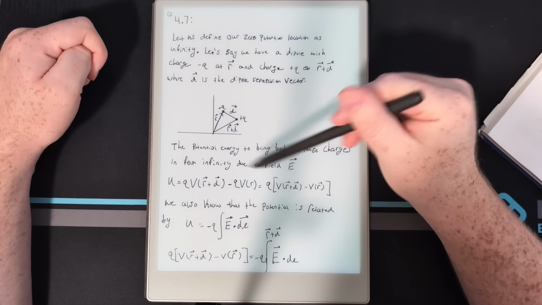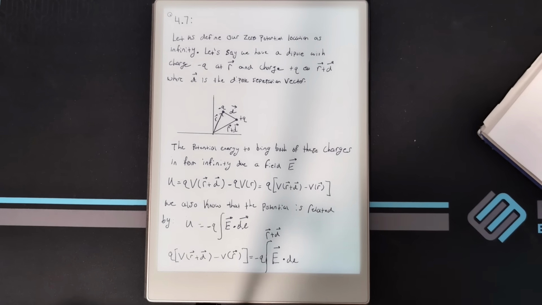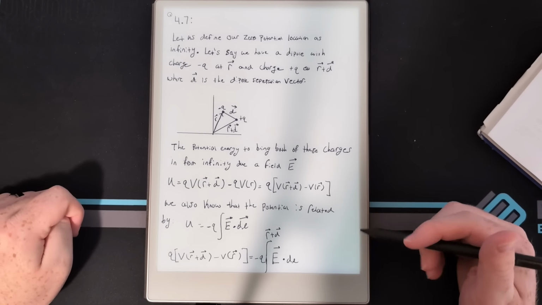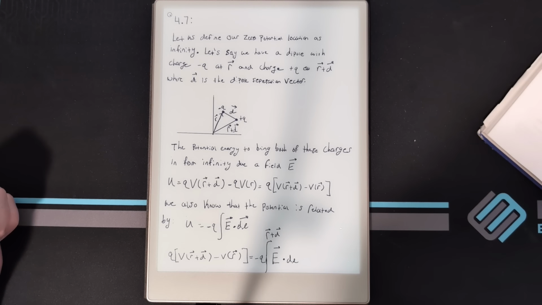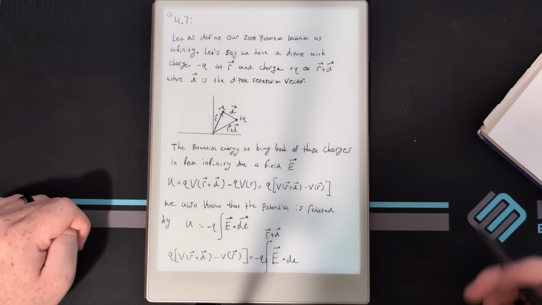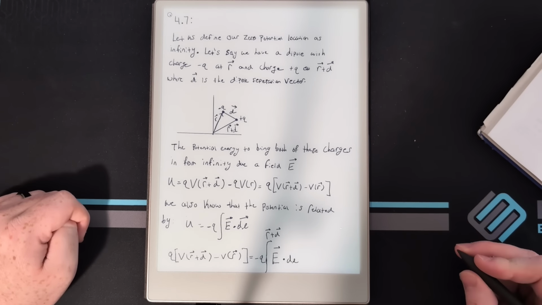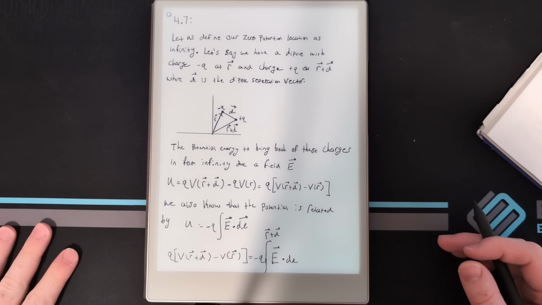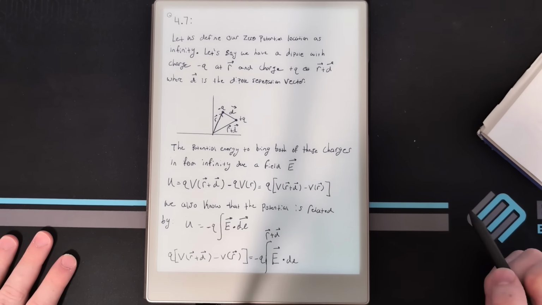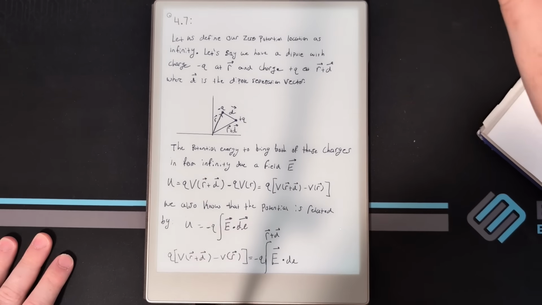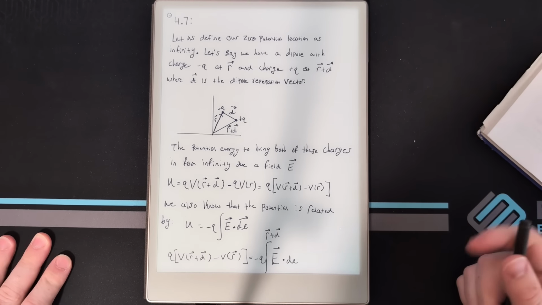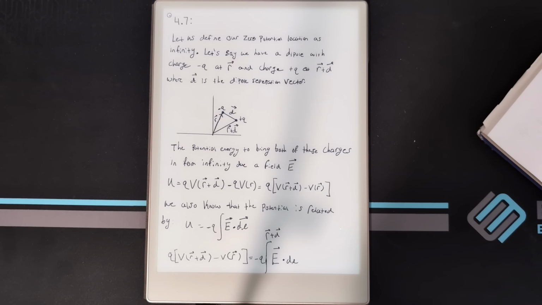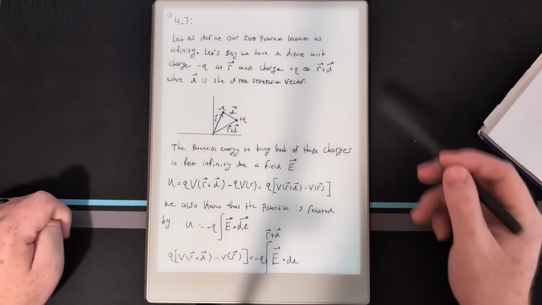Now we also know from earlier chapters in the book that the electric potential is related to the electric field via an integral expression. We know that the potential can be given by a line integral across some path of E dot dl, but we know that the electric field in electrostatics is conservative.